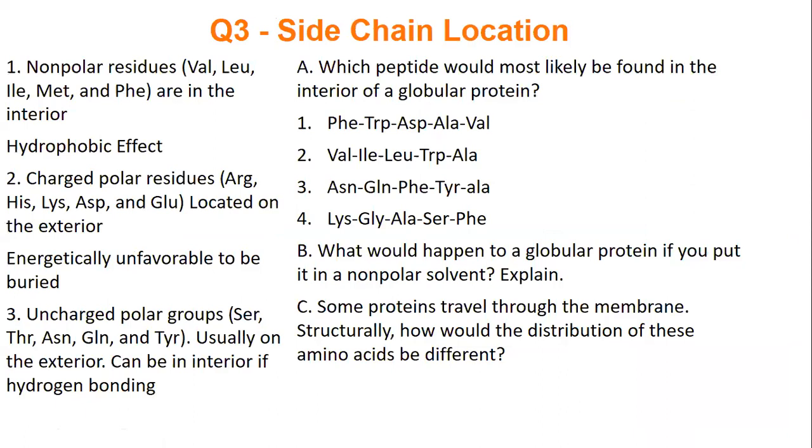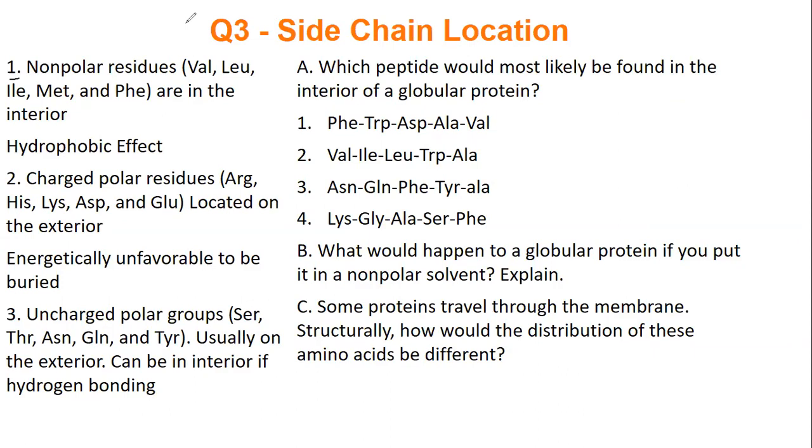From all this NMR data, all this X-ray data, we have looked at tens of thousands of proteins. By looking at all these proteins, we've been able to learn certain features about proteins and their amino acids. The features are, one, nonpolar residues are generally on the inside of the protein.